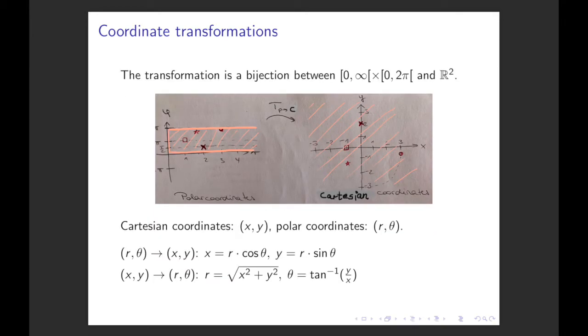So what is the domain and the image of our coordinate transformation from polar coordinates to Cartesian coordinates? Well, the image is all of R2. We get all points in R2, but in polar coordinates we are restricted to the positive r direction. We don't have negative radius, and angles between 0 and 2 pi, with 0 included and 2 pi not included.